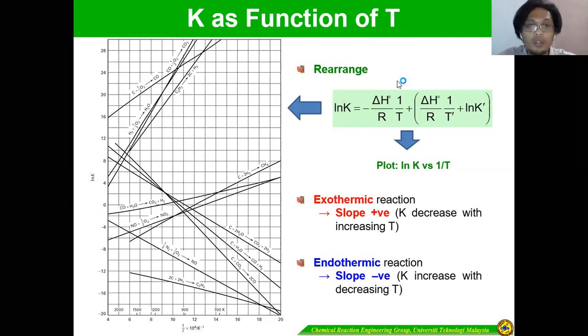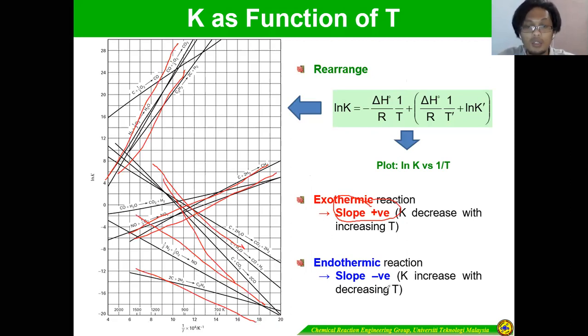If you look here, exothermic has a positive slope, so positive means exothermic reaction, and negative slope means endothermic reaction.